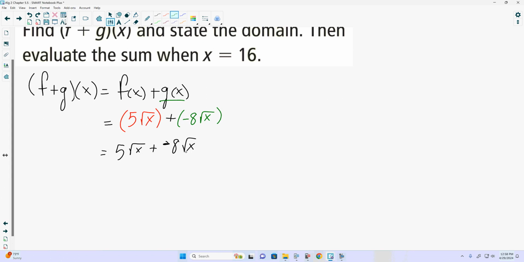Plus a negative and minus are the same thing. So these are like terms, yes? Radicals are the same, variables inside are the same. So 5 minus 8 is negative 3 square root of x. So really all we're doing is combining like terms.